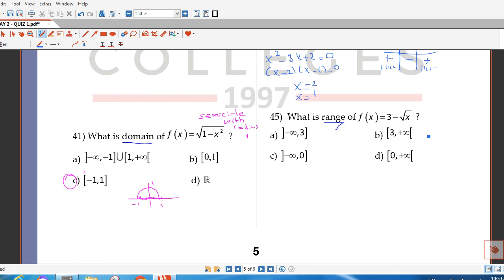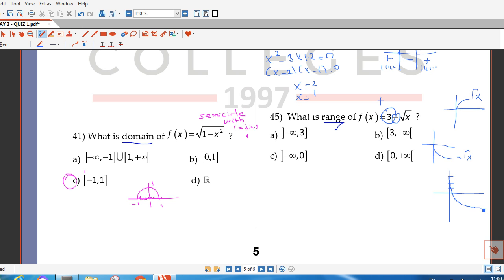Range of 3 minus root of x. There are two ways to solve this. Since it is a parent function, I prefer sketching it. It is root of x, and because of the minus sign in front, it is reflected and it is the graph of negative root of x, and because of having plus 3, I can say the second graph is going to be shifted 3 units up. 1, 2, 3.